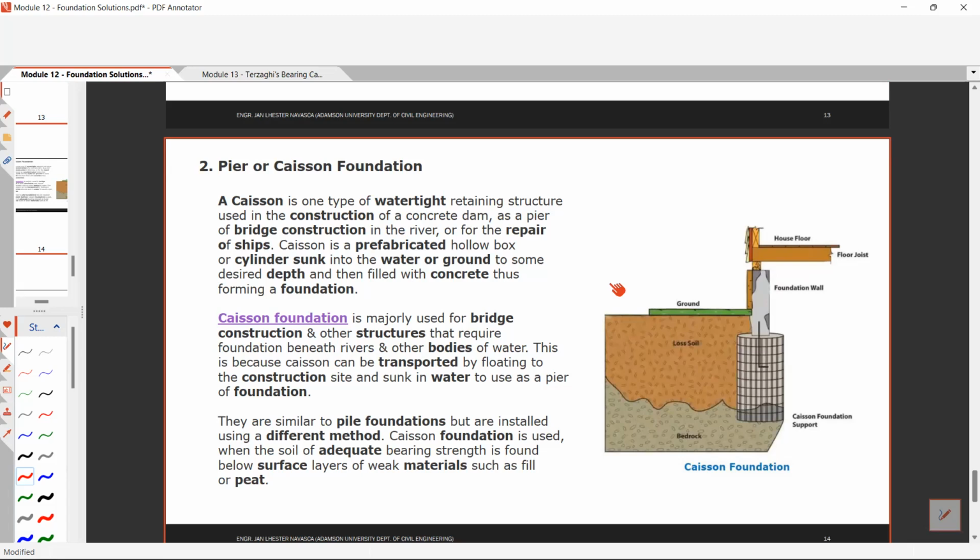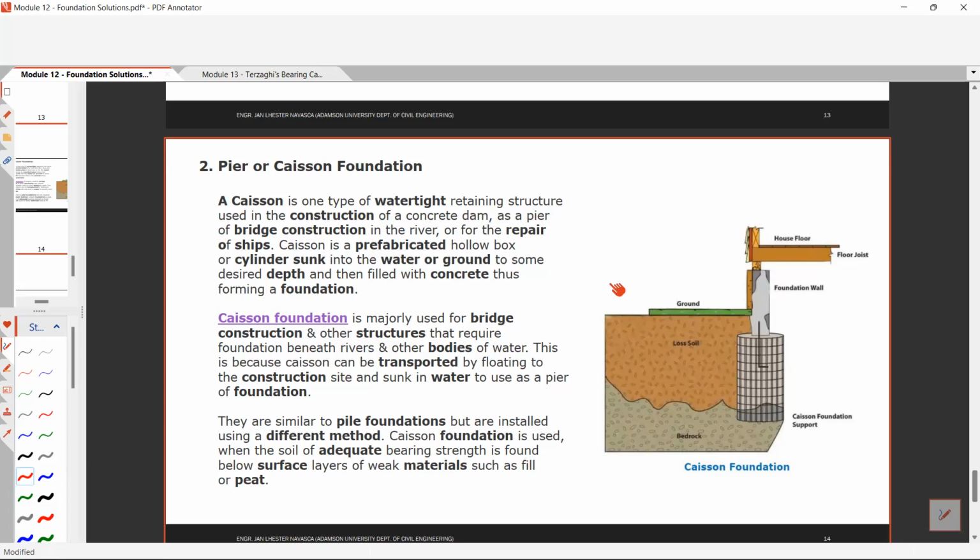So if you wonder paano ba ginagawa yung mga foundation sa mga may water below. Okay. So ang ginagawa nila, meron silang watertight retaining structure, then gagawa sila ng hollow box doon sa bodies of water.